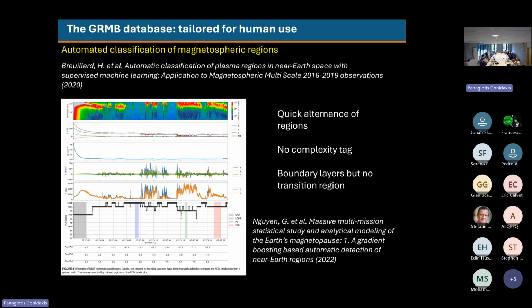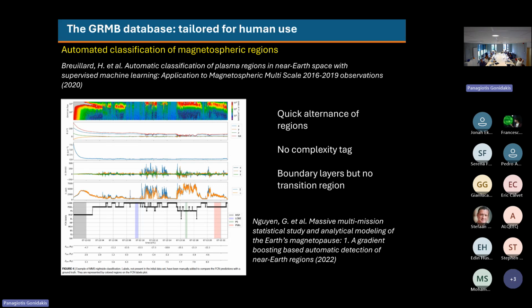So we heard about that this morning. There are nice studies that made automatic classification. So that's an example from the Breuer et al. paper. So what we see as a difference with our manual classification, you can have a quick alternance of regions.